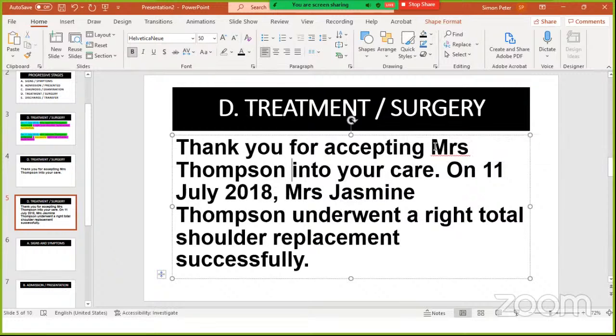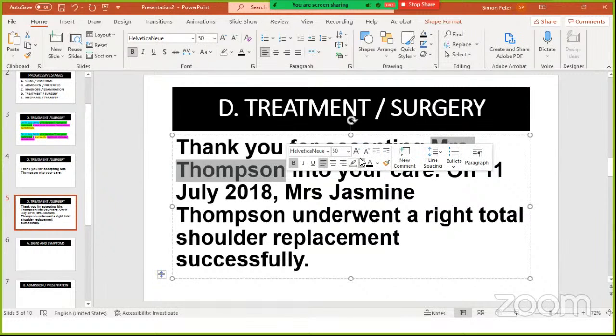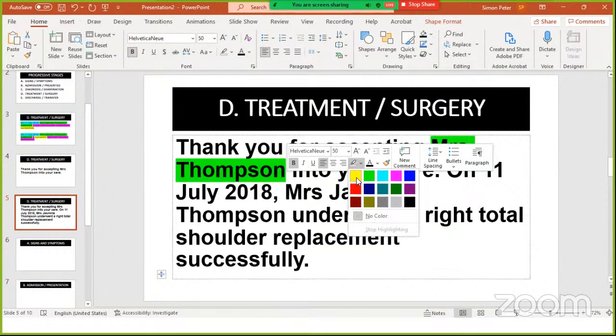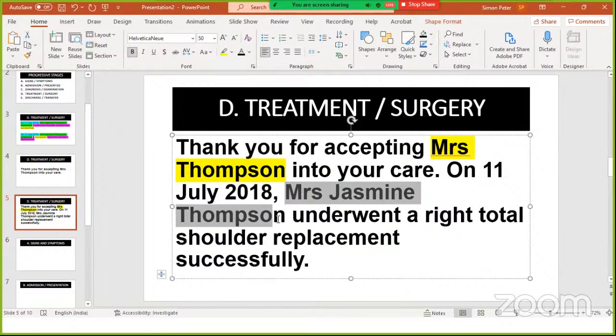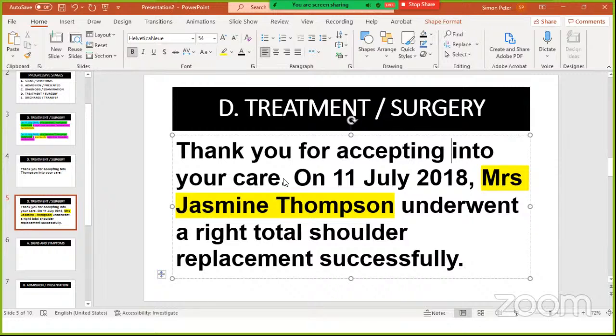So, Mrs. Thompson is double. Now, see here, Thompson. And Mrs. Jasmine Thompson is here. Now, what we'll do is we'll remove this Mrs. Thompson here. Finished. So, thank you for accepting. Mrs. Thompson is gone. So, into your care will go last.